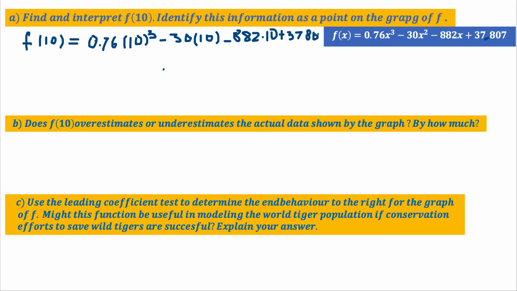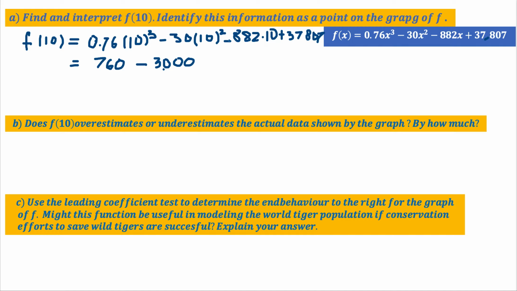Now let me squeeze in this number here, and now we are calculating. For example, 0.76, but 10 cubed is 1000, times 76 is 760. This is easy to calculate. Here I forgot to write the square: 10 squared is 100, times 30 is 3000.